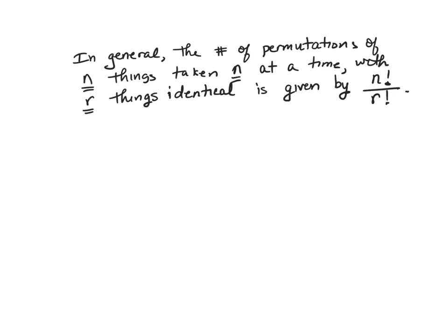You're treating the things that are alike differently, and you're dividing by the excess number of permutations formed by the repeating letters as if they were different.